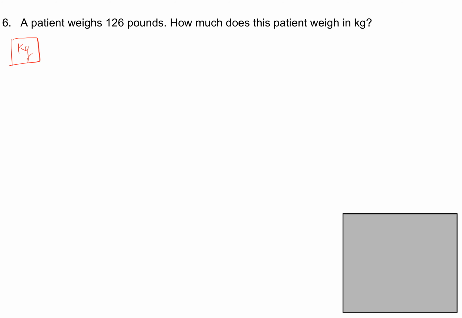And the patient weighs, so this one we don't have to do order, available, and frequency because it's not a medication. So the main conversion that we need to know for this is that there are 2.2 pounds in 1 kilogram. So you always want to start with what the patient weighs, 126 pounds. And you want to end up with kilograms in the numerator, and you want pounds unit to cancel.